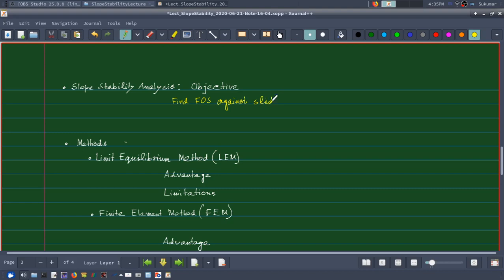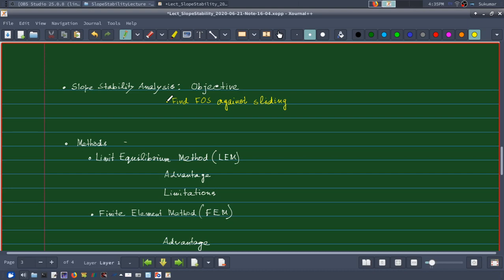We'll be dealing here only with slide type of slope failure, because this type of slope failure only has very well developed methods. So we'll discuss that only.